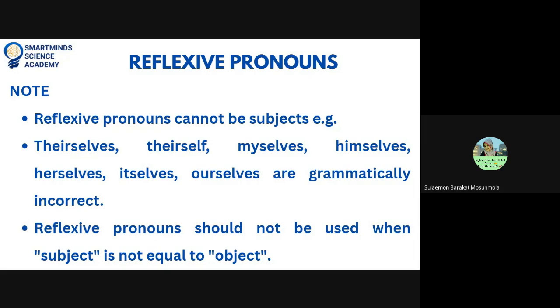The next point to note is their selves, their self, myself, himself, herself, itself, ourselves are grammatically incorrect. Now, why are these words incorrect? I have their selves. I have itself. I have myself. I have ourselves.